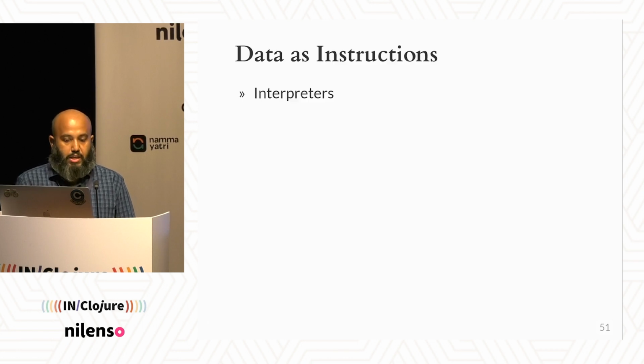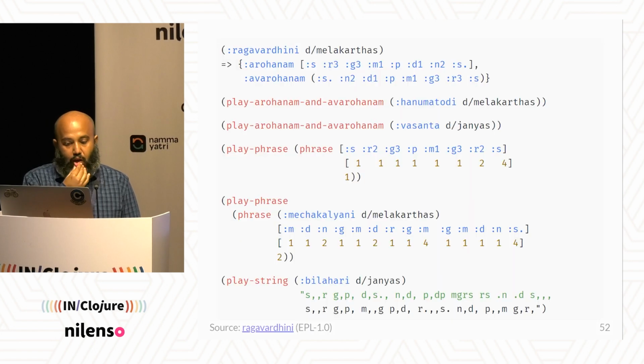instruction. Another example is interpreters, right? Where you treat data as code, right? So given some data, you can interpret it to do different operations, right? This is a very nice example from Raghavardhani, which turns your data, represented here as Clojure maps and such, into music, right?